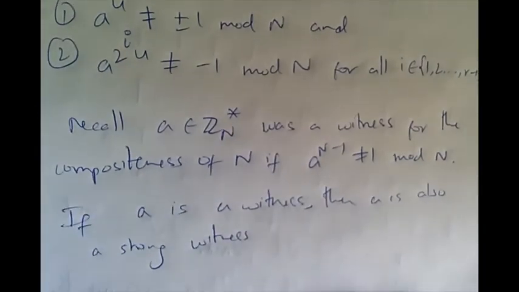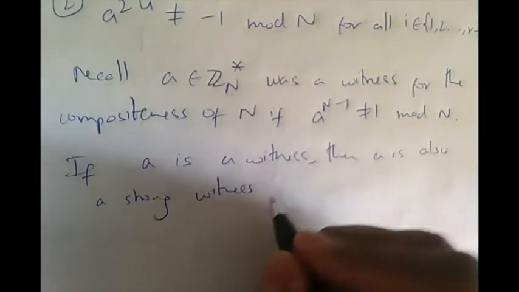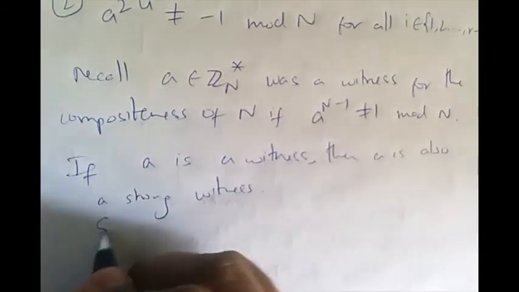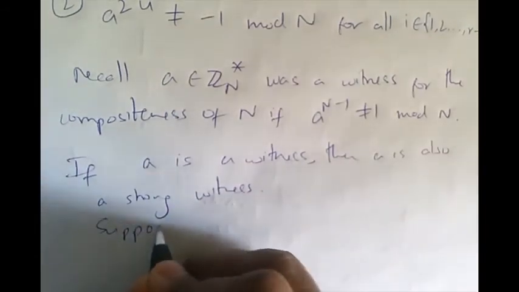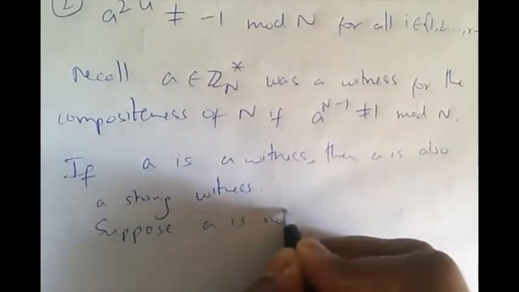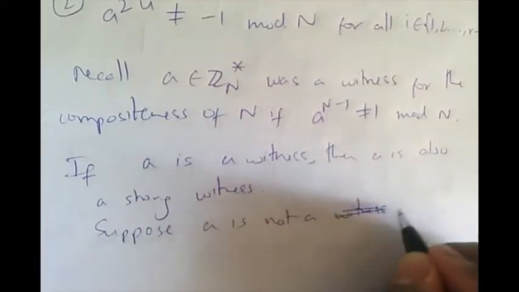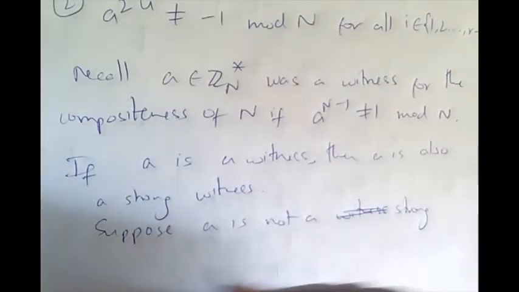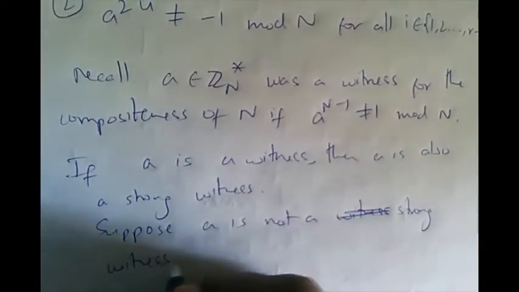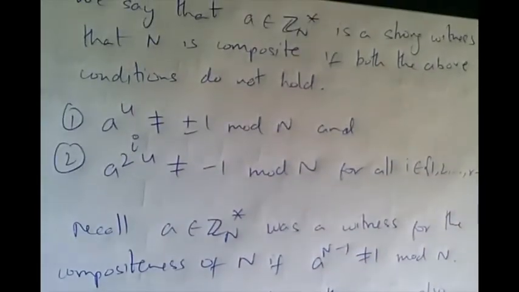Okay, and we can argue it like this. Suppose a is not a strong witness. Then what does that mean?